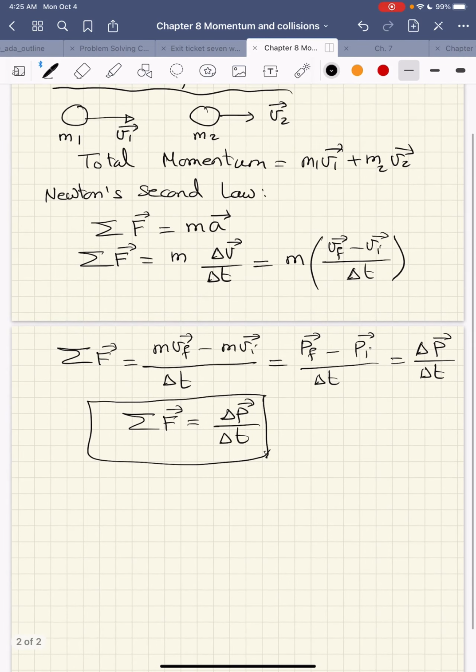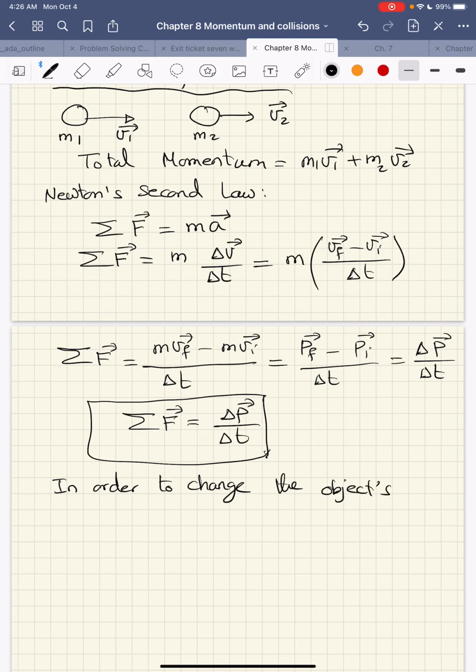It's telling us a very important thing: in order to change the object's momentum, you must apply a force.